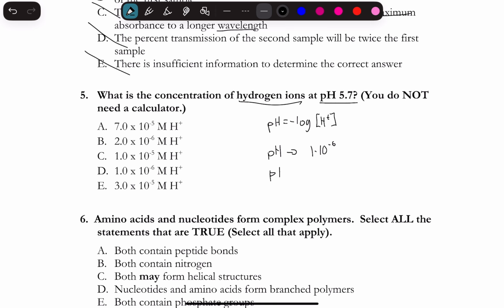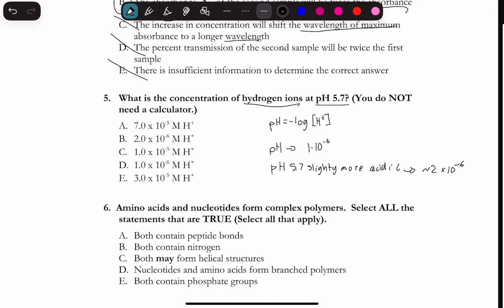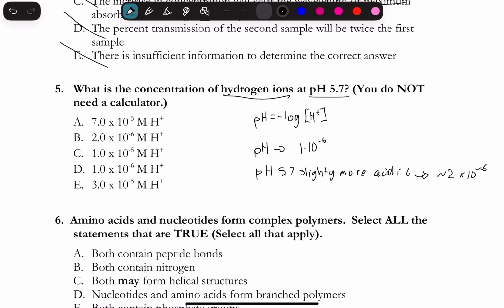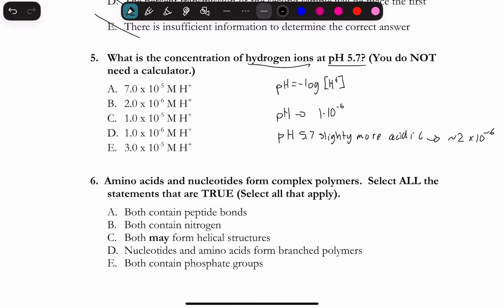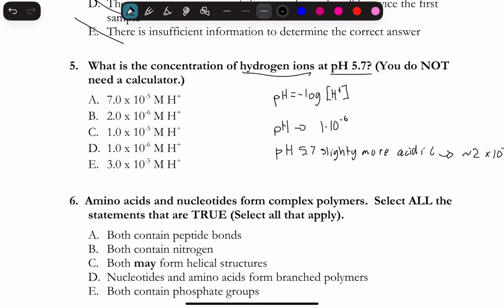A pH of 5.7 is slightly more acidic, so it's approximately 2 times 10 to the power of -6. No calculator needed, because it's about 2. 5.7 is just a little bit more, because it's close to a pH of 6.